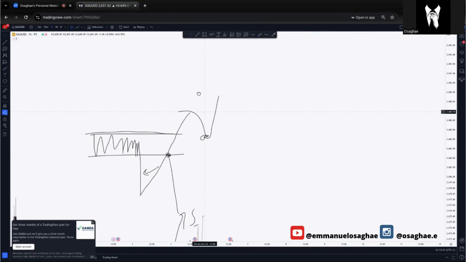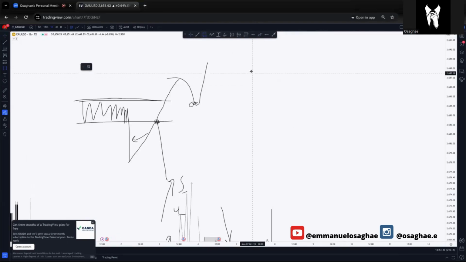Now what is an order block? An order block is the last up candle before a bearish move. Let's say we have an uptrend, higher highs, the market is going up. All of a sudden we have one bearish candle that just came out of nowhere like this.